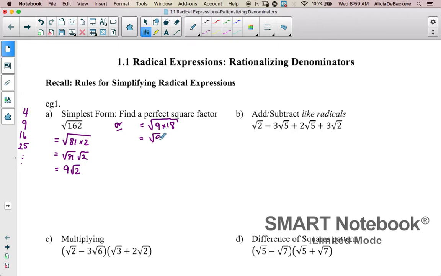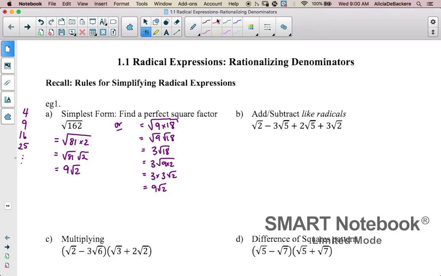So this is root 9 times root 18, which is the same as 3 root 18. But then when you look at 18, you're like, oh, I can divide that by 9. So we'll rewrite that as 9 times 2. And again, you bring the 9 out and square root it, and you get a 3 times still the square root of 2. And now you've got 9 root 2 as we did over here.